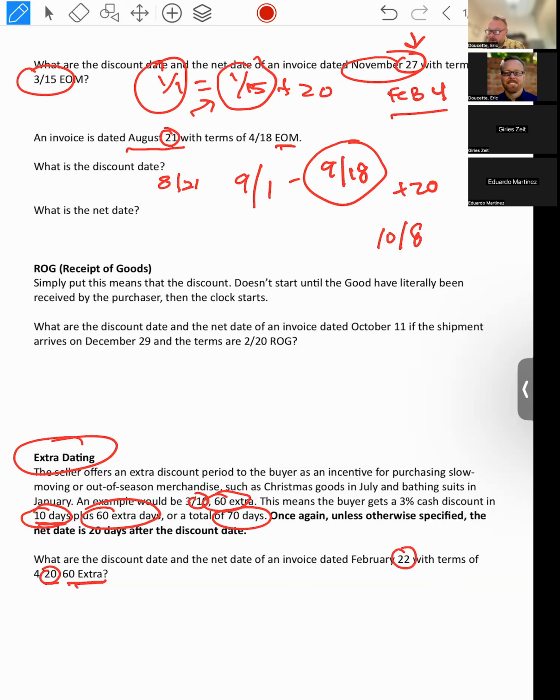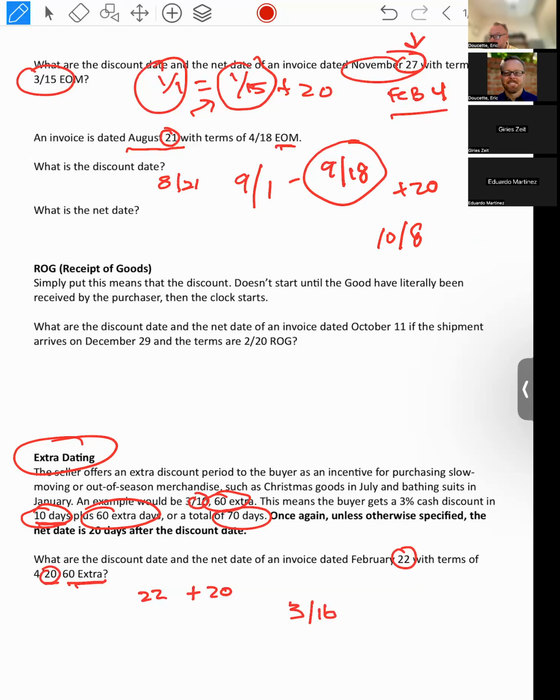You would have your discount period 20 days later. So February 22nd plus 20, whatever that comes out to. February has 26 days, depending on the year, right? So let's just say it has 26, so you'd get 4 more days. So then you would get 16 days into the month of March. So this would be 3/16.